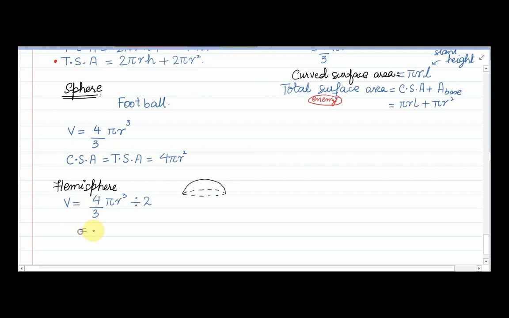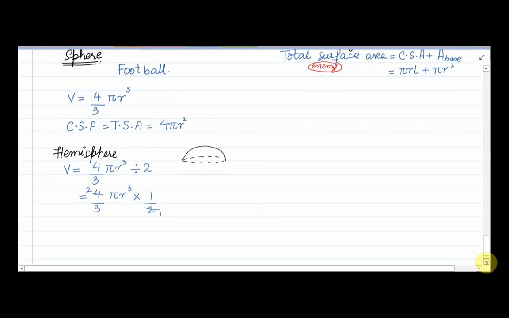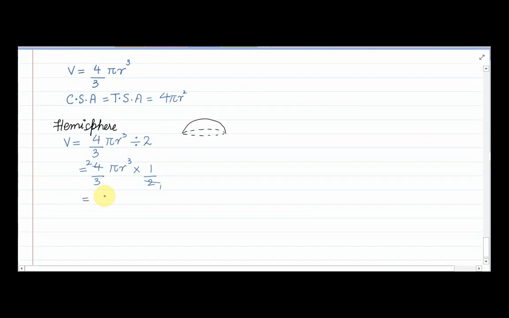It will be 4 divided by 3 pi r cube multiplied by 1 divided by 2. 2 and 4 cancel each other, so the leftover part is 2 over 3 pi r cube. That is the volume of a hemisphere, right?